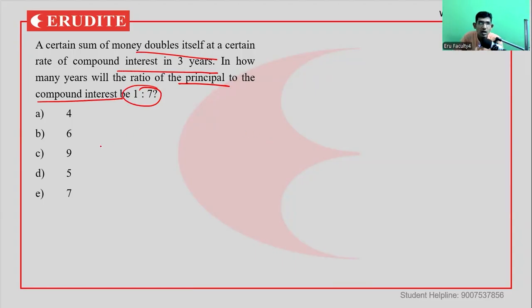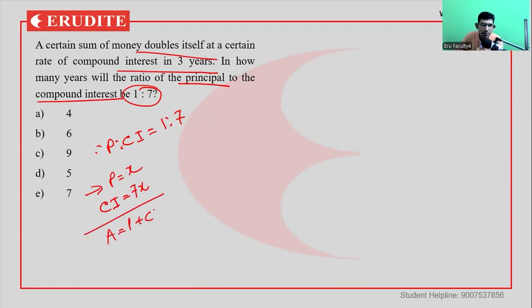What does it mean? The principal to compound interest is in the ratio 1:7. If my principal is x, my compound interest will be 7x. That means my amount will be principal plus interest, which is basically 8x. So the question is, how many years will the money become 8 times of itself?